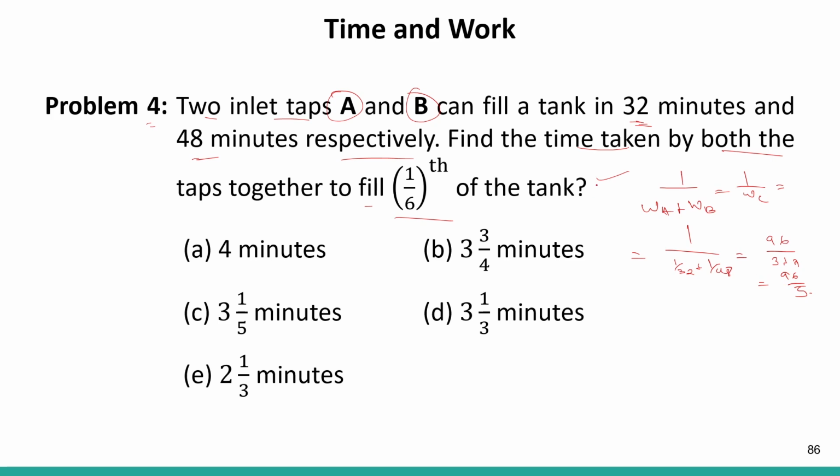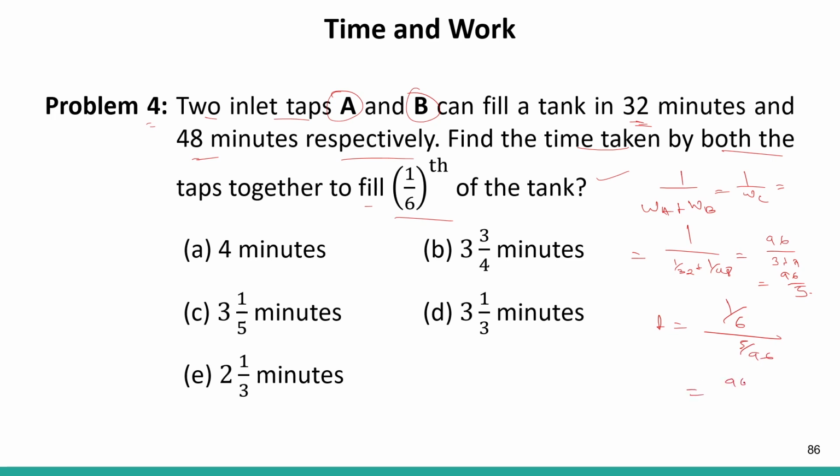Okay. So find the time taken by both taps together to fill 1/6. So what we want to do is calculate 1/6 of the work at their combined work rate. So time T is equal to 1/6 of the work divided by their combined work rate, which is 5 by 96.